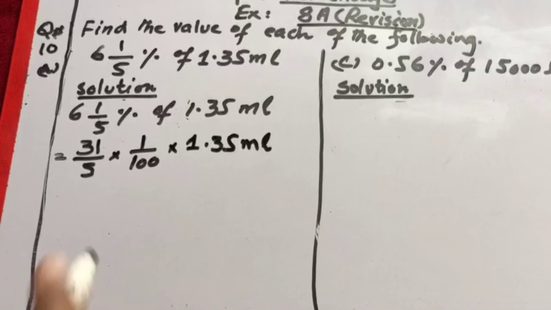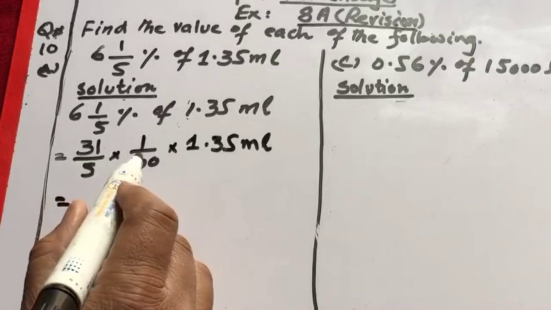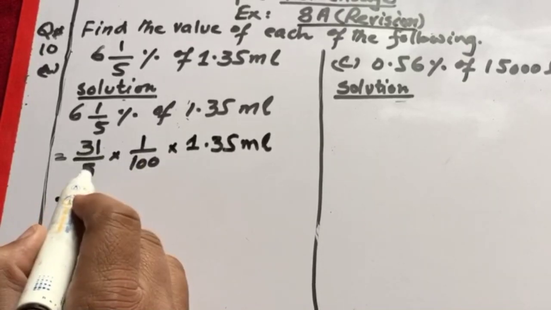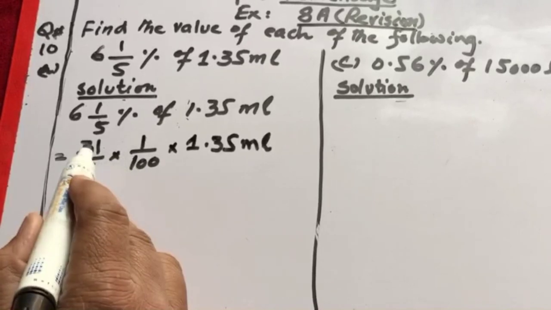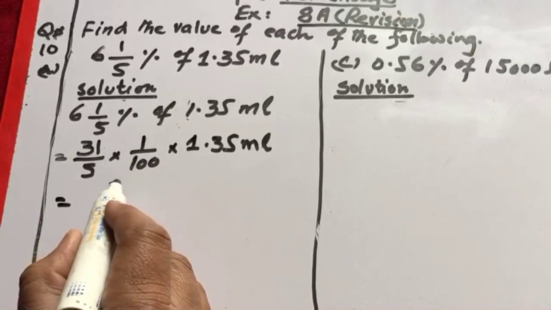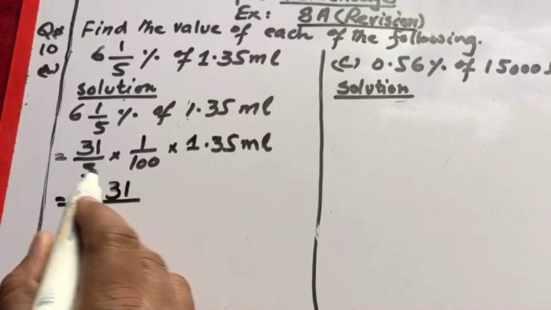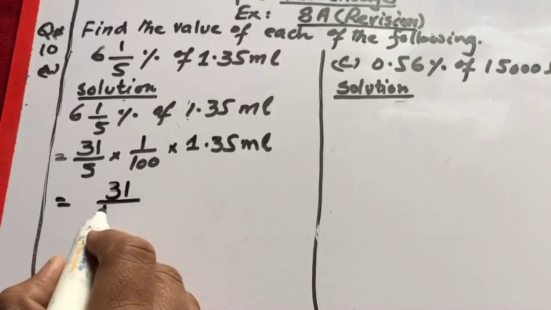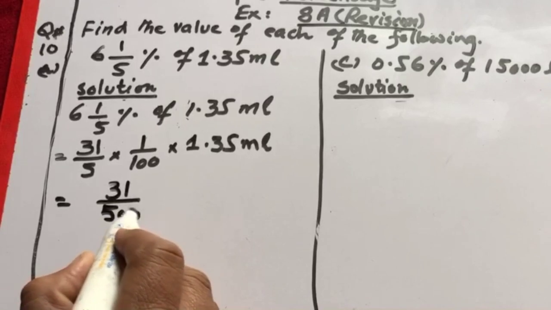So we will multiply first these two fractions, which are 31 over 5 multiplied by 1 over 100. So numerators will multiply by numerators. So 31 ones are 31 over 5 multiplied by 100, so it becomes 500.